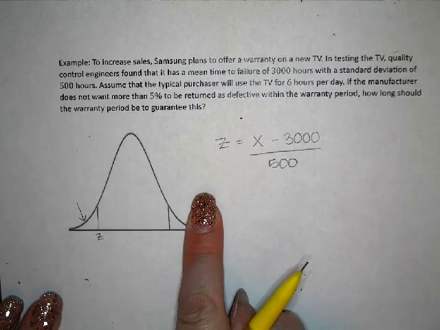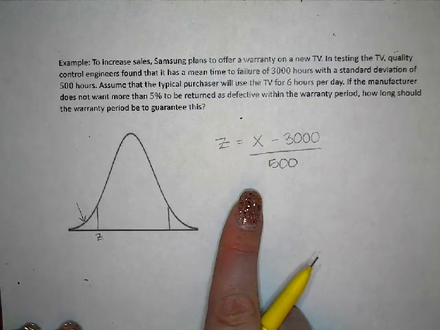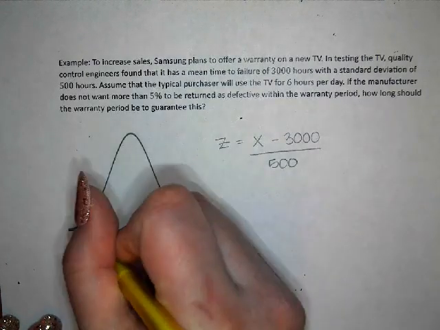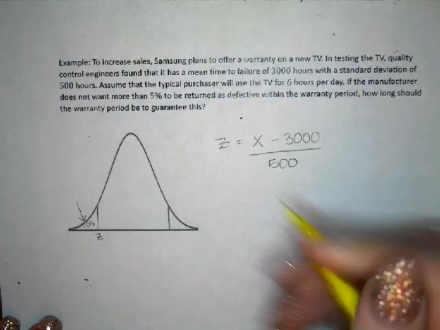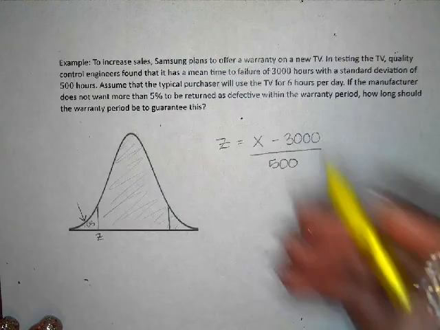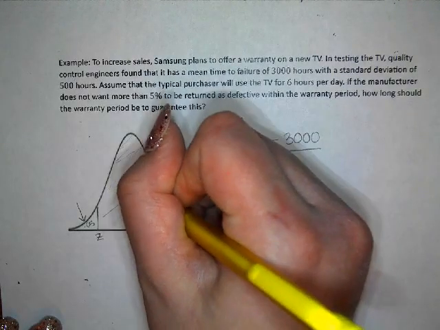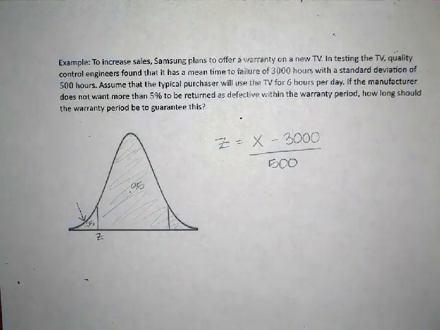So I want this area right here to be 5%. I want the rest of this here to be 95%. Now, when I use the table, it doesn't measure from here up. It measures down the middle, right here.